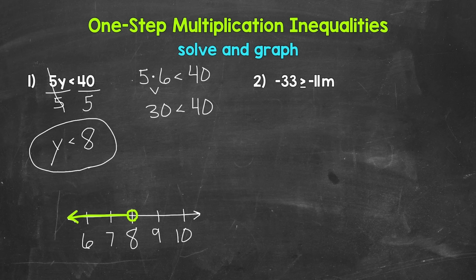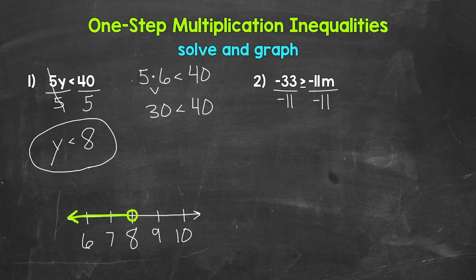Let's move on to number 2, where we have negative 33 is greater than or equal to negative 11m. So we need to undo that multiplication. Let's divide the right side by negative 11. That means we need to divide the left side by negative 11 as well. Now remember, when we multiply or divide both sides of an inequality by a negative, the inequality symbol flips.